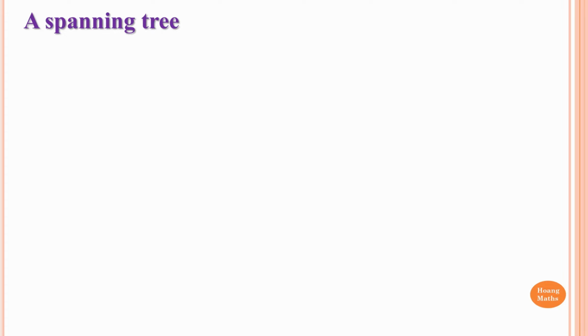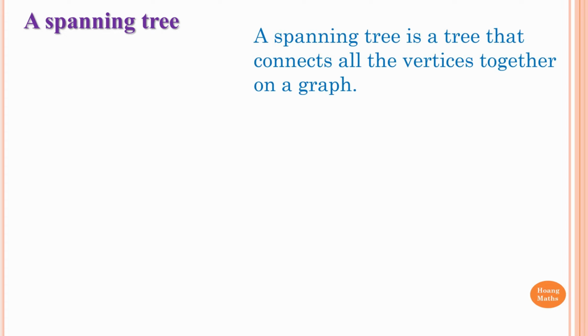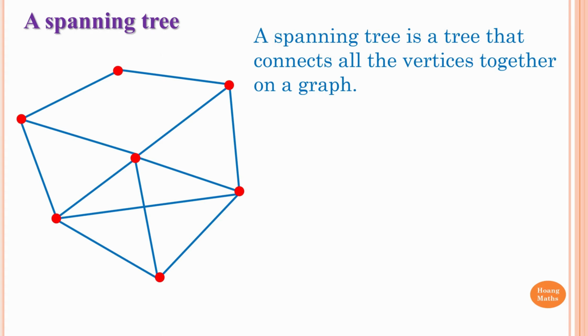Spanning trees. A spanning tree is a tree that connects all the vertices together on a graph. Of course, this one is not a tree because it has so many cycles on it. So in order to make this a spanning tree, we need to remove some of the edges. So let's remove some of the edges.